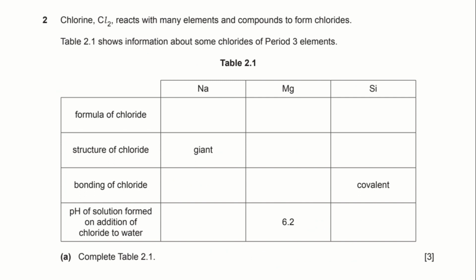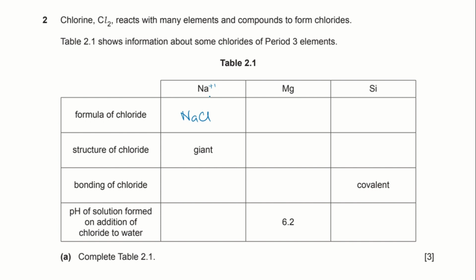We have come to question 2, a question about chlorine. So in this table 2.1, we have information about chlorides of period 3 elements. So chloride of sodium, the formula will be NaCl. So sodium is a group 1 metal, so it always forms a +1 charge cation.